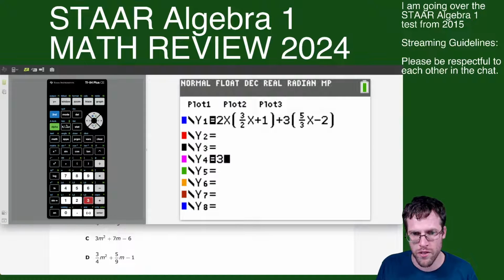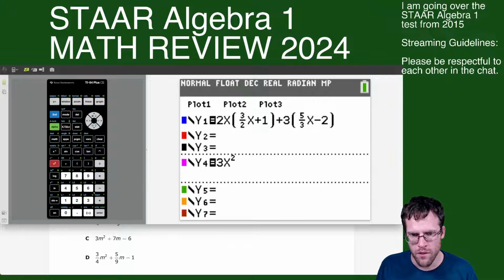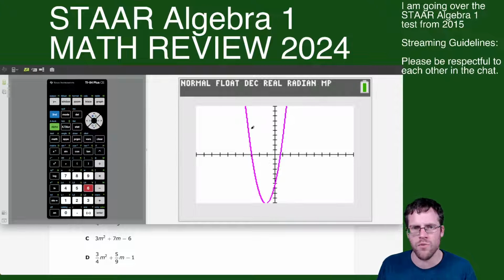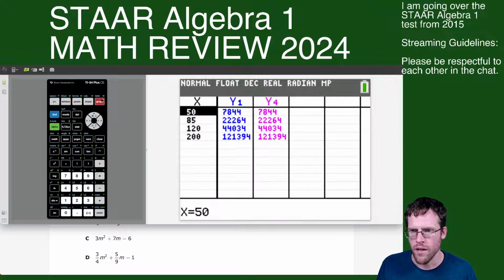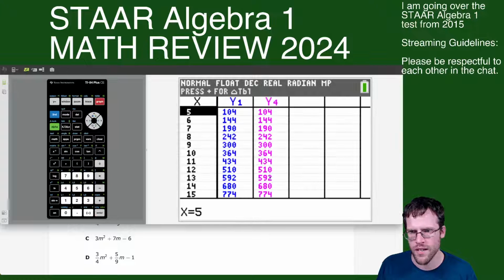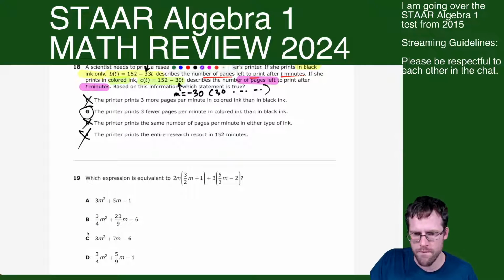So I'm going to write 3x squared plus 7x minus 6. Now I'm going to press zoom 6. See, same graph. If I press second graph and go to the table, I'm going to press second window and switch independent back to auto. You see, I get all the same matching values here. So C is definitely it. Just calculator magic alone.